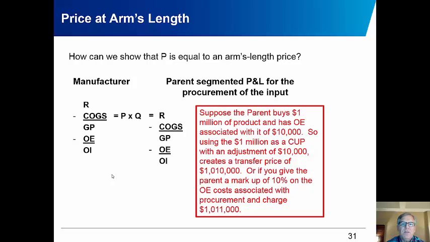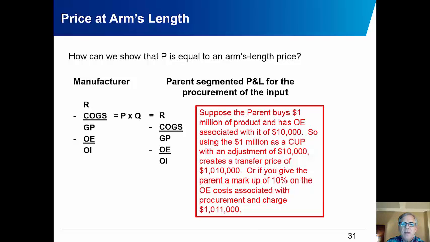Even if you gave the parent a 10% markup on those operating expenses, saying that had they been hired as a service provider, they would have earned a return on it, even then we're talking about $1,011,000. So we're talking about three different numbers that are all very close to each other, approaching this from the concept that the amount they paid the third party is a pretty good CUP.